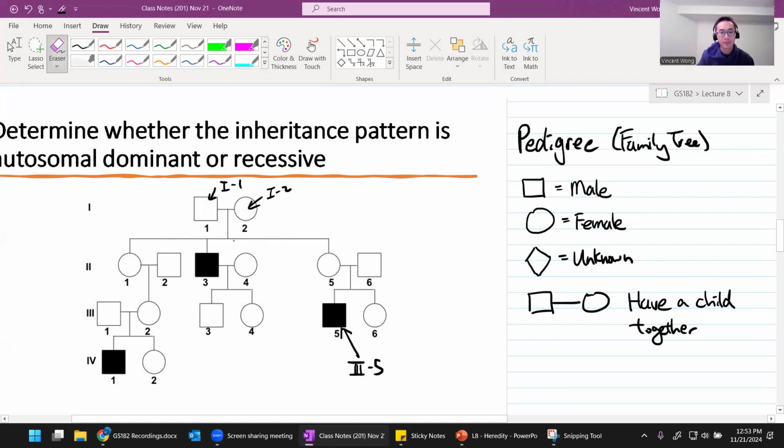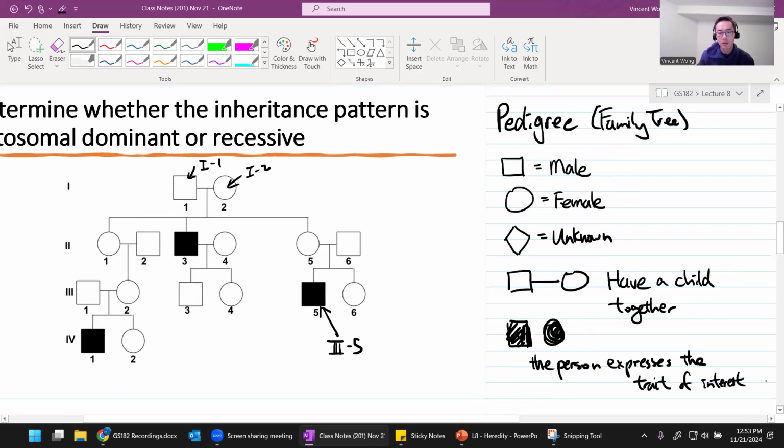Okay. If it's shaded in, then that means the person expresses the trait of interest.